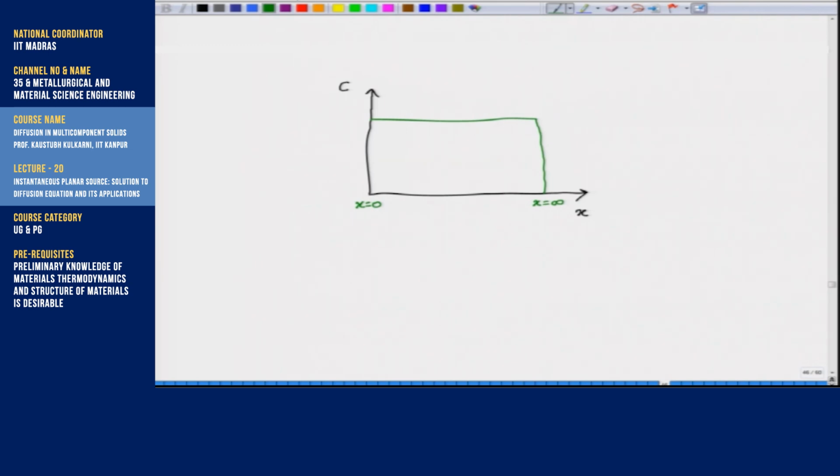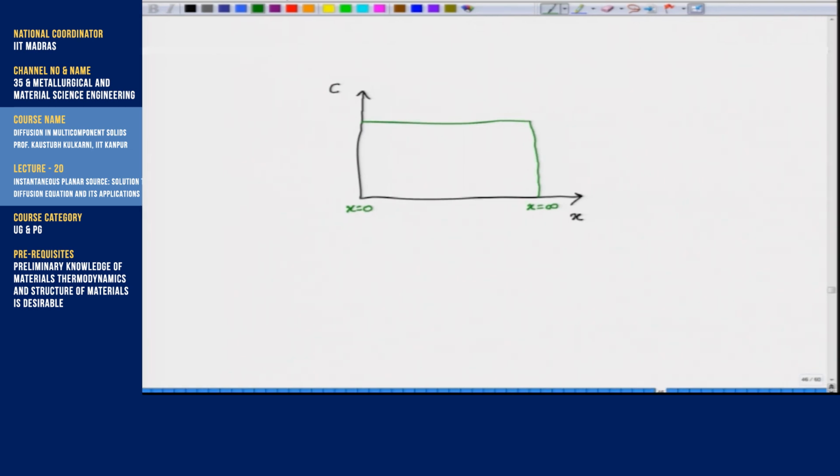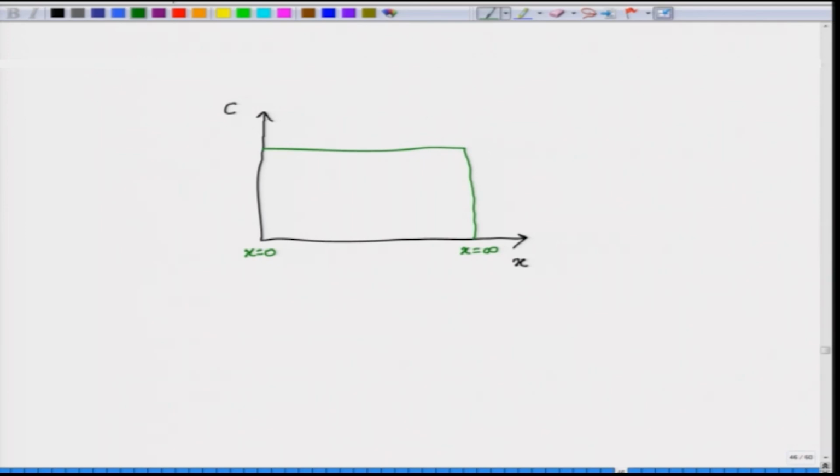But if we select the thickness for the given time such that the diffusant penetrates all the way up to the other end, then we cannot use that solution, right. So, in this case, if we draw the profiles at different times, let us say at some time t, we will see that it will be something like this. Some other time. So, this is at time t1.